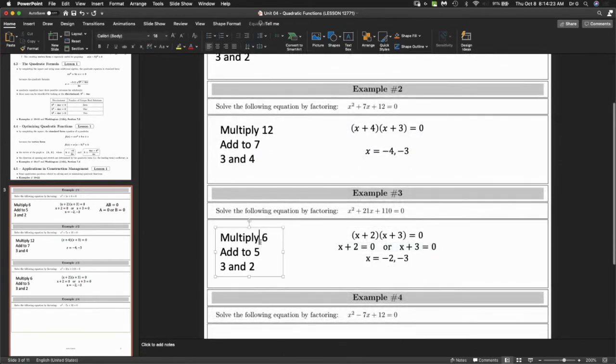And you can play this game all day here. The numbers get bigger, but the process is the same. So we can multiply to 21. Thank you, Adnan. 10 and 11.